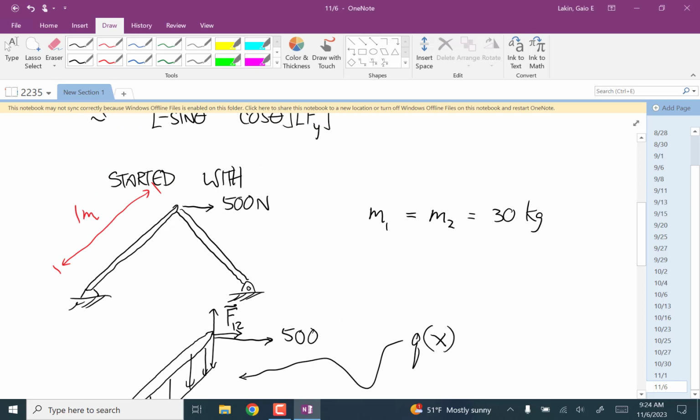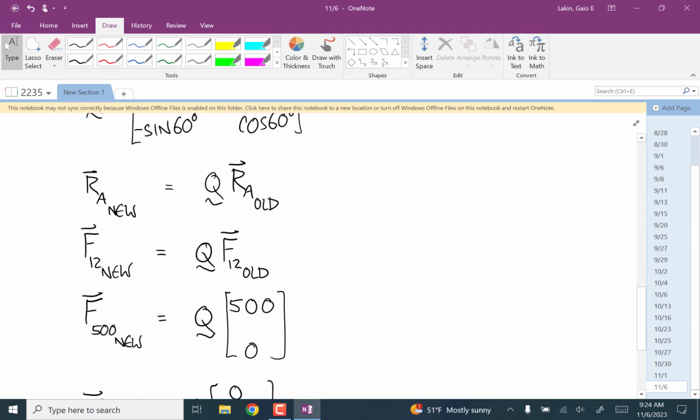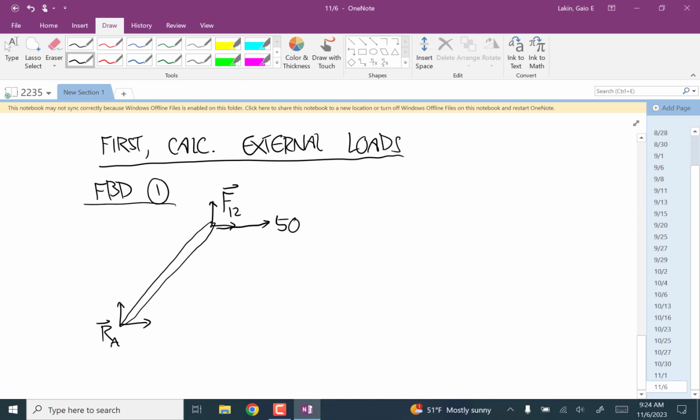I'm going to say this is body 1, body 2, A, B, C. So you have RA, F12, 500.